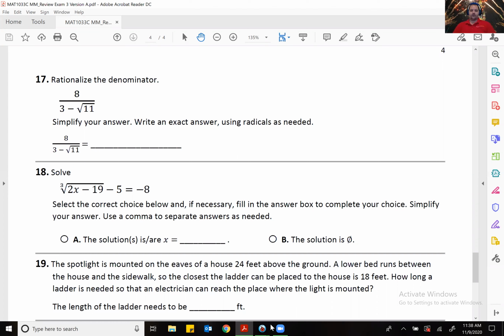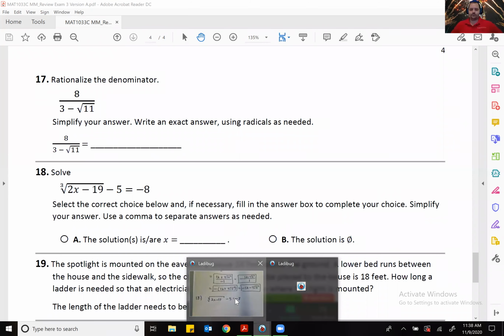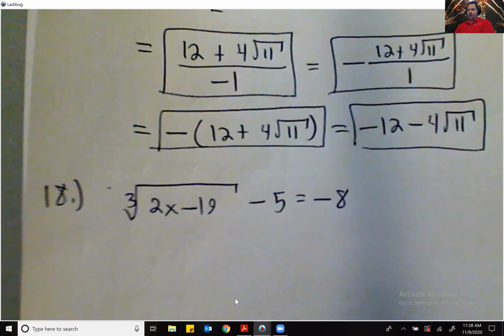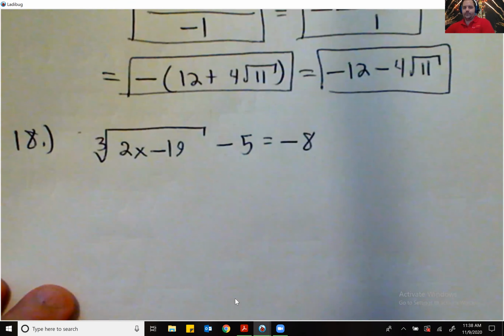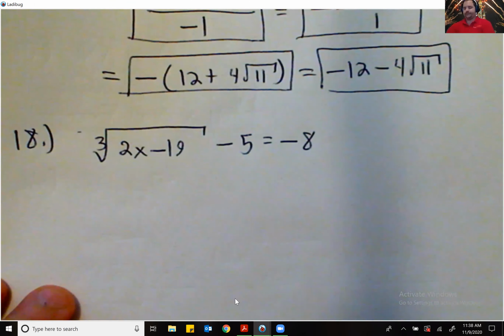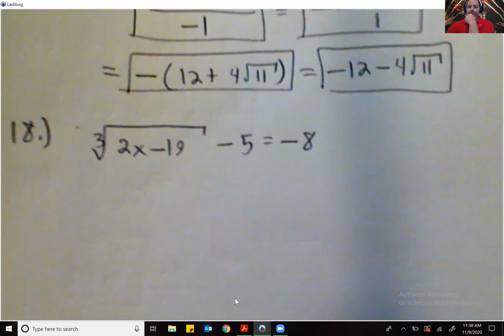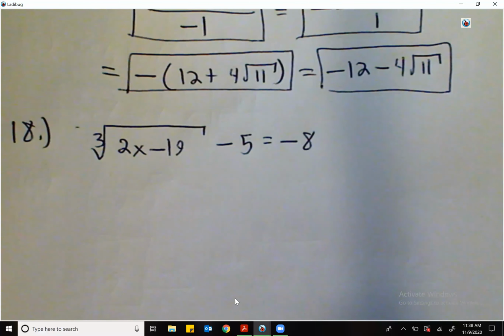So we want to solve. No worries, we can do that. All right. So what's going to be the first thing we do? What do we got to do first? Add the 5 to the 8.